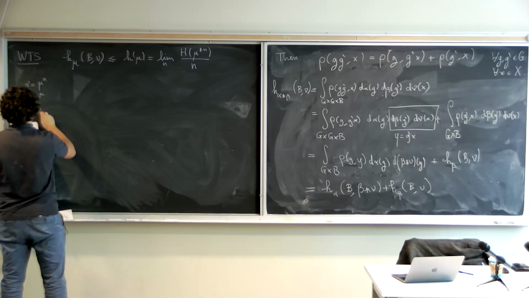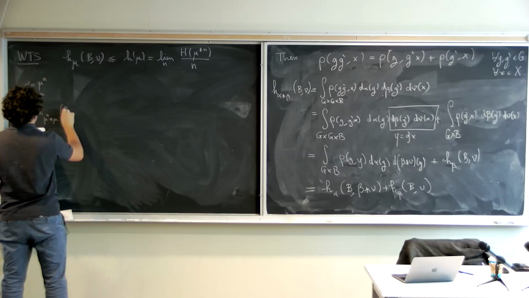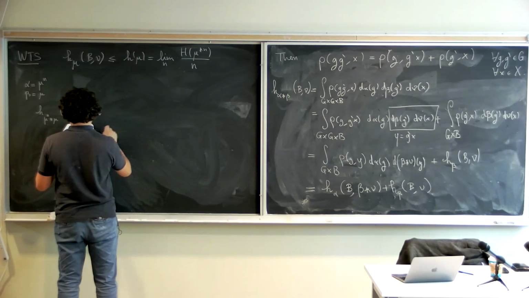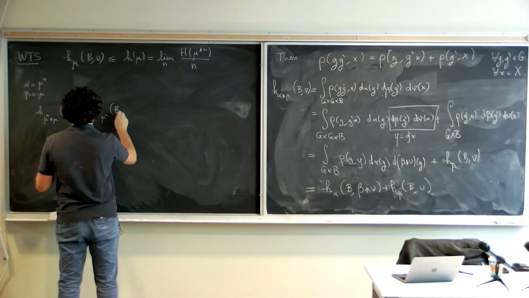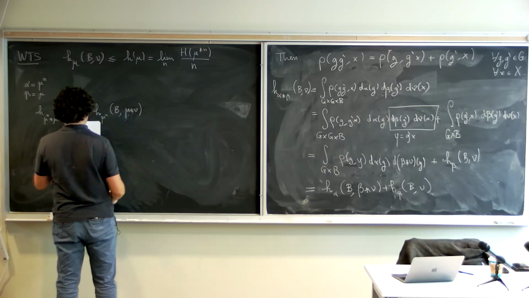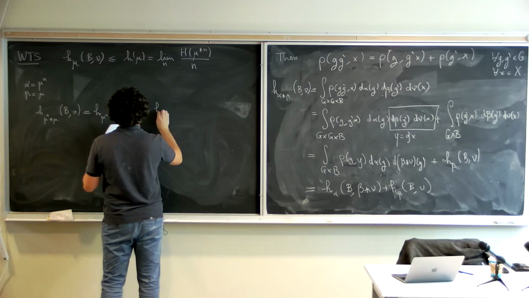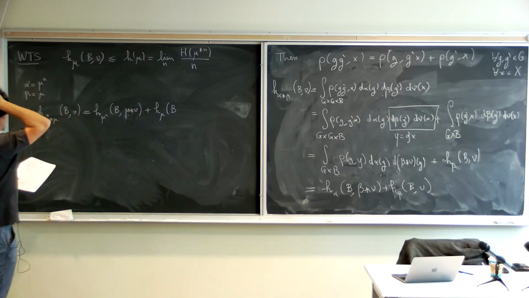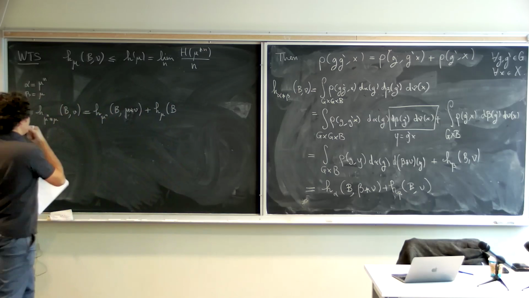And so we get H of mu n star mu of B nu is equal to H of mu n of B mu star nu plus H mu of B nu.